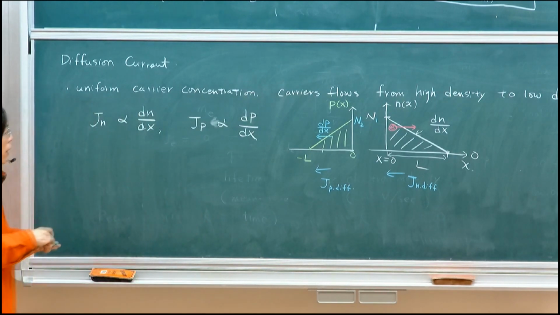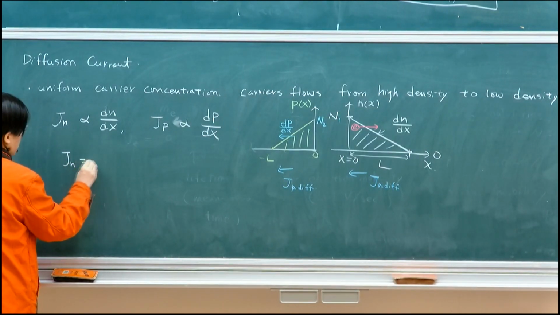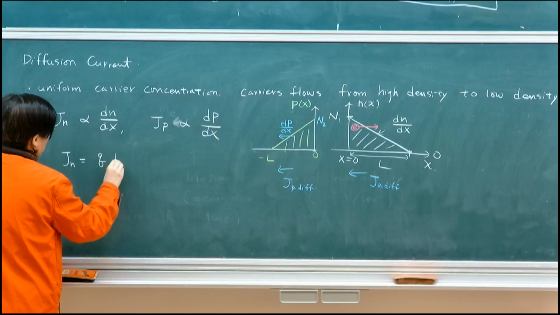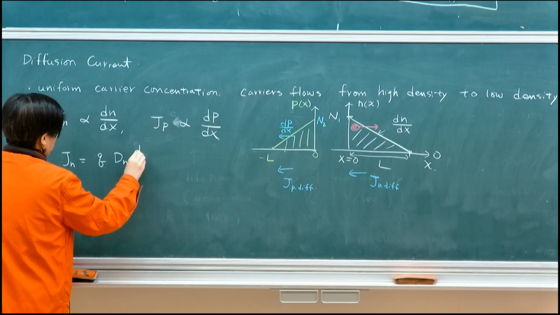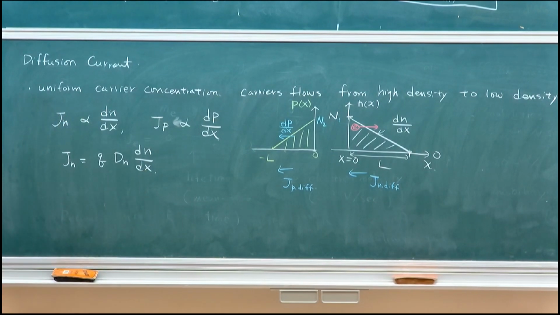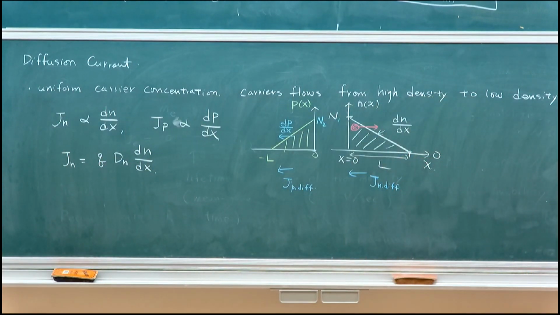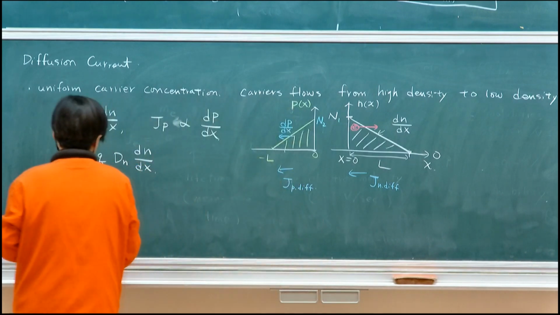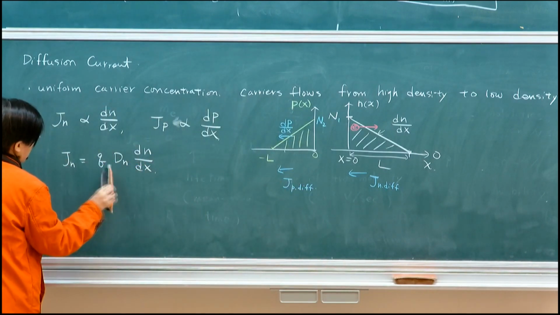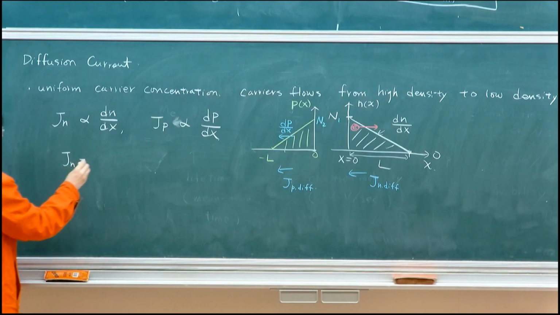Because of that, we can write our equation for Jn as Q times diffusivity times dn/dx. Let me try to write it again. The reason why you get this: one is the carrier.